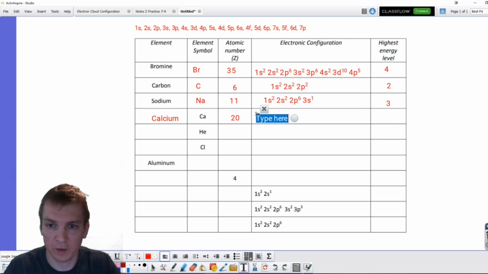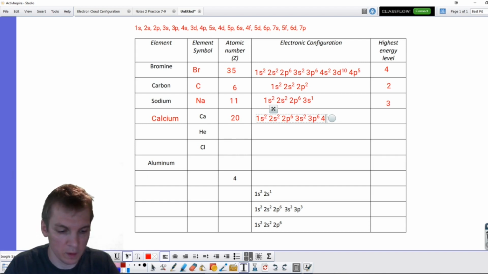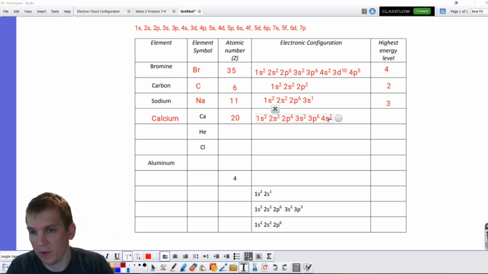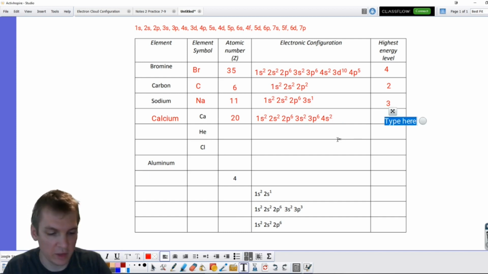And its electron configuration is 1s, 2, 2s, 2, 2p, 6, 3s, 2, 3p, 6, 2, 4, 6, 18, and then we have 3 more, so it's going to be 4s, let me format this right, 4s, 2. So 2, 4, 10, 12, 18, 20, yep, that's calcium. Highest energy level is the 4th energy level.